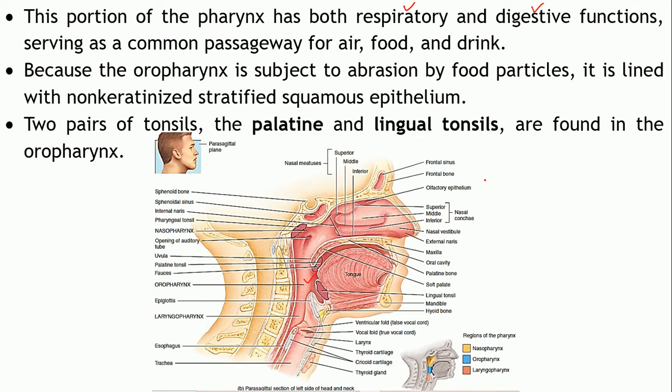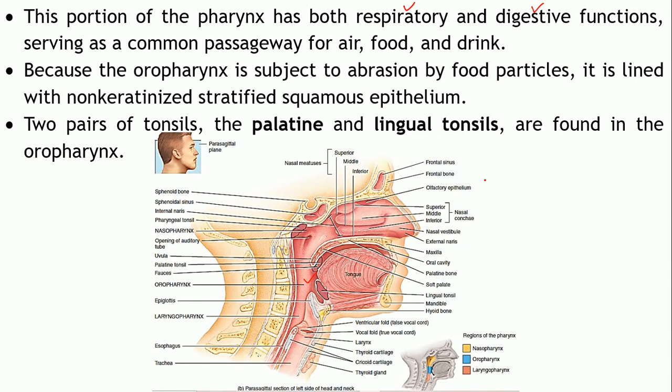So it will convey both the air as well as the food and drinks, right, but in the appropriate parts. So accordingly the arrangements are made so that the air, it enters into your larynx and the food, it enters into the esophagus. Okay, so both the functions are carried out by this particular portion, oropharynx.